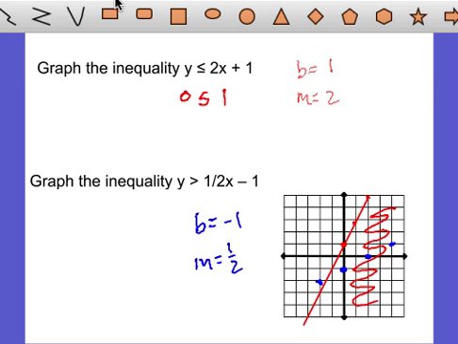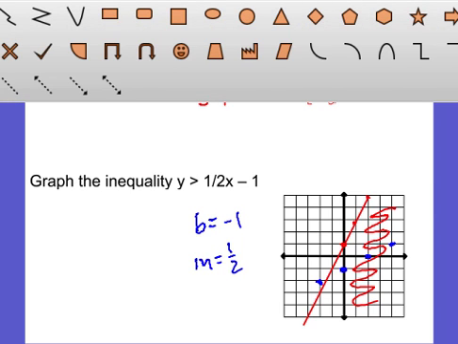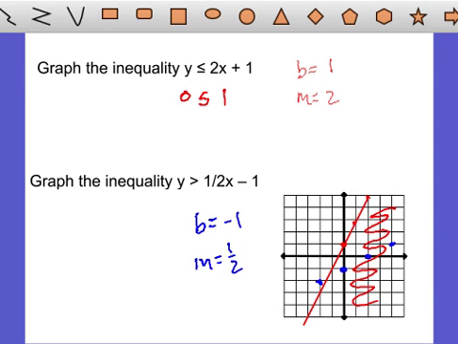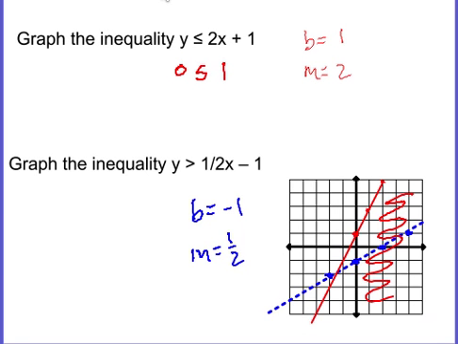Dotted line. I can't use that. Okay, I'm going to have to choose dotted line here. Choose a blue one. That's about right. Okay, so now I want to shade which direction? Well, it's a greater than symbol, so shade above the blue line, right?